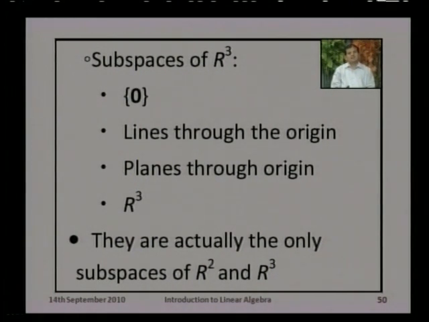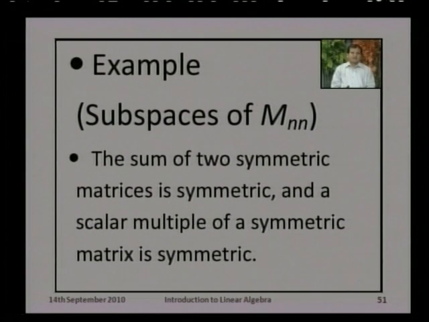And note that they are the only subspaces of R2 and R3. There is no other subspace. Then the subspaces of M_nn, that is all matrices of order n by n.